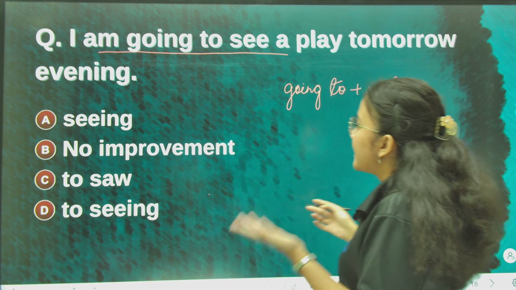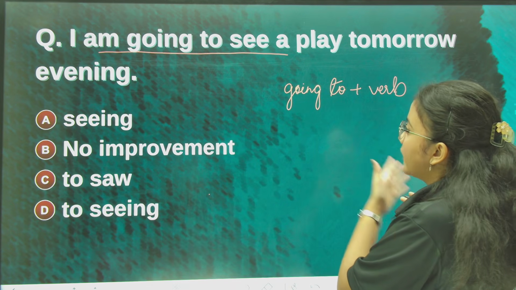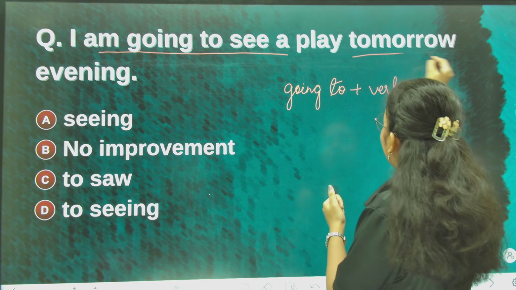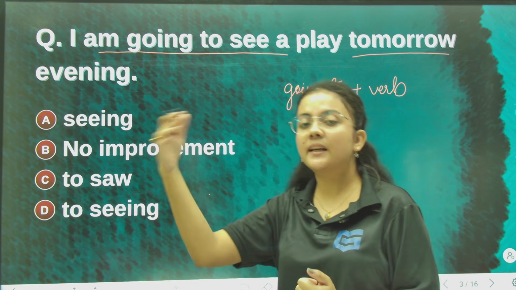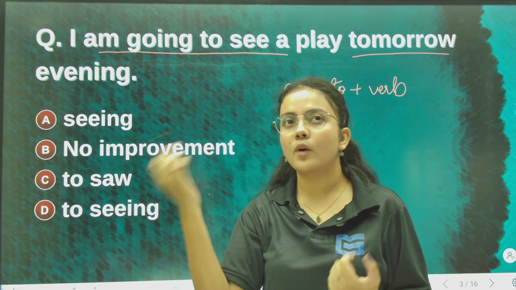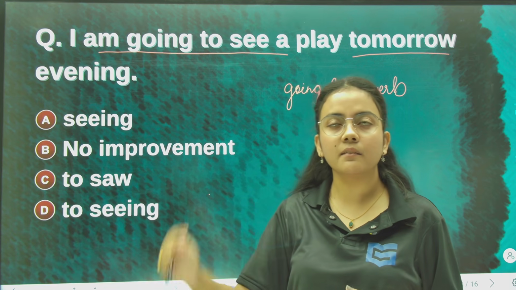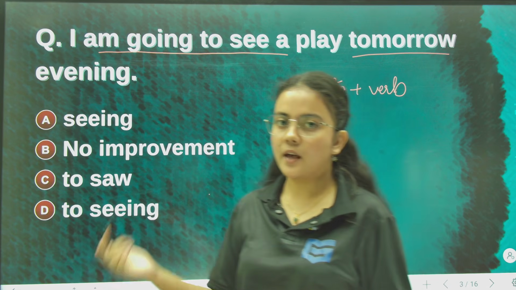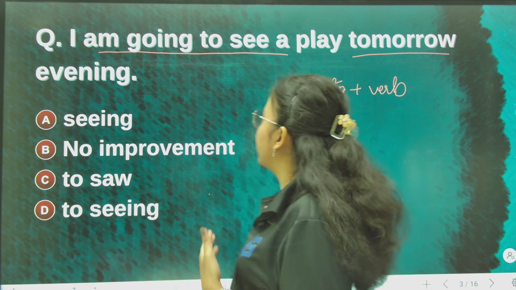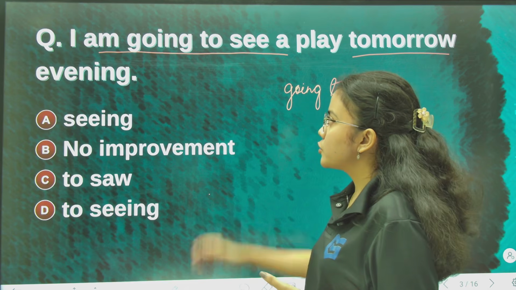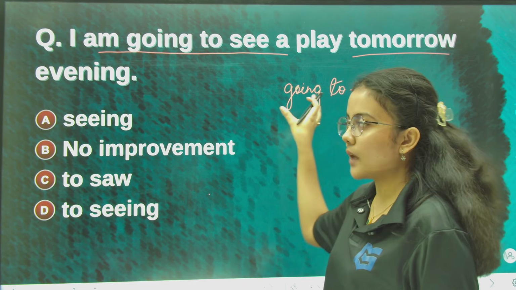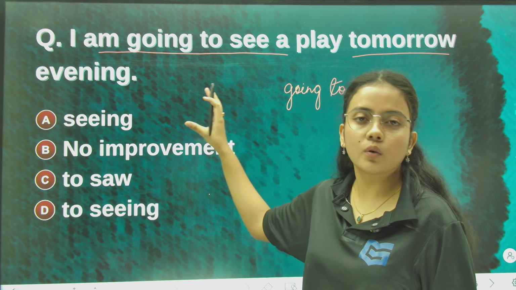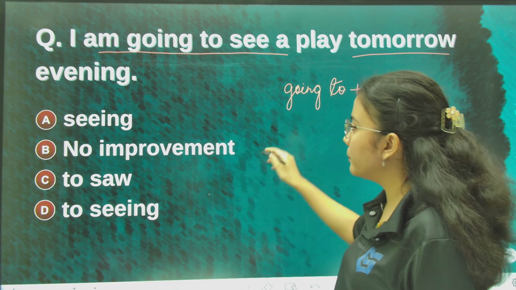Okay, so I am going to see a play tomorrow evening. Tomorrow is future, I will go to see a play tomorrow. So from the sentence we understand that there is nothing wrong, not a single mistake, so no improvement.